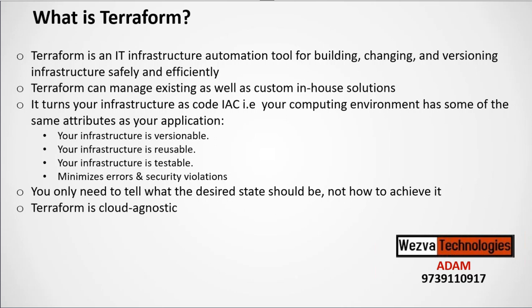Or let's assume the VPC is there, the security group is there, but the machine is not there. Then Terraform will say, okay, your desired infrastructure, which you have told me through this file, is a VPC, security group, and a machine. But I see the machine is not there, let me create it.